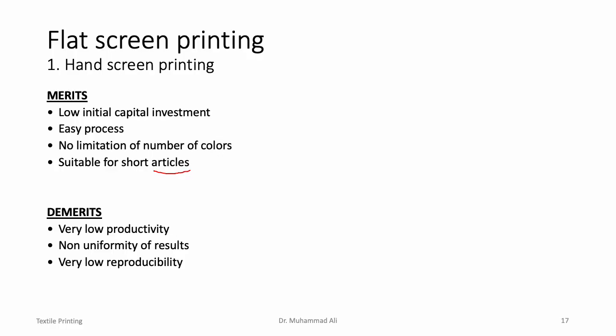And due to the same factor, that is the skill of the worker, the reproducibility could be low. So let's say if today you produce a hand screen printed article in your printing house using a particular printer, then after let's say 1 year, if you repeat the same printed article, but the worker is now a different one, it's not possible to reproduce exactly the same effect.